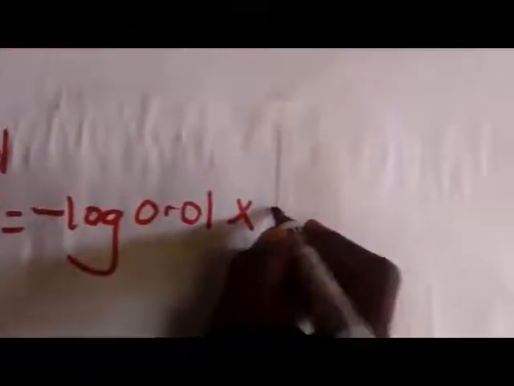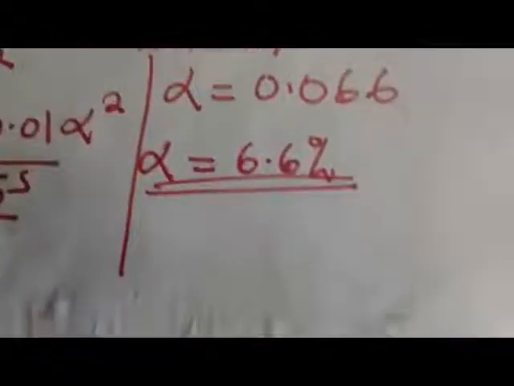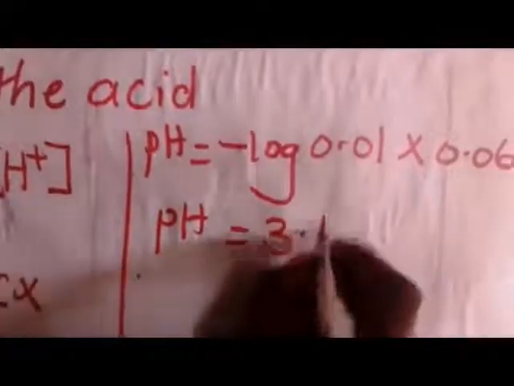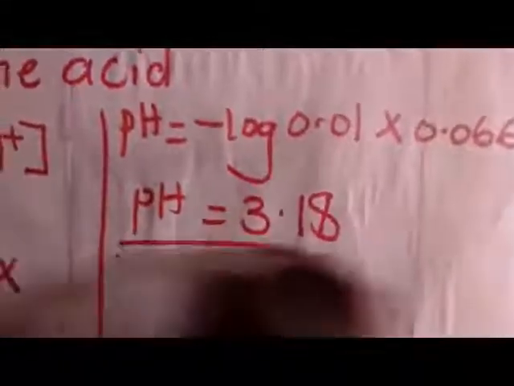We feed our values: negative log of C, which is 0.1, times our alpha, which is 0.066. We don't use this one in percentage; you have to first convert it back. So our pH equals 3.18, and pH doesn't have units. So this is our answer.